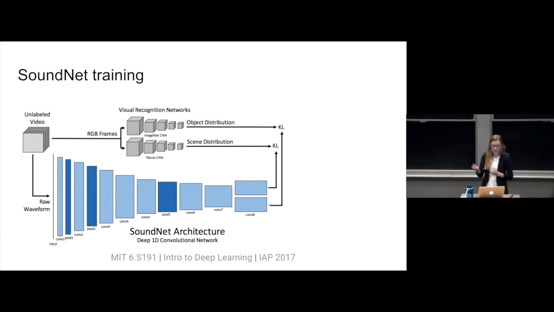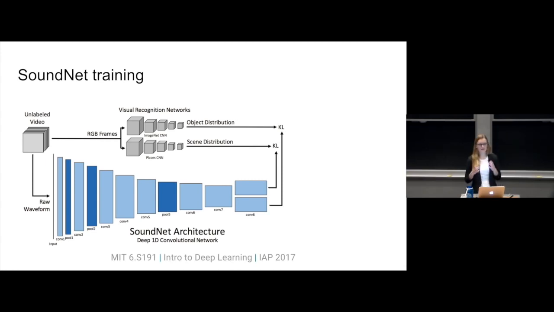We've got one network that's trained on ImageNet, which we've seen, which learns object information such as there's a zebra in the video, or it's got lots of birds. And then we're also feeding it into this Places CNN, which if you remember is a data set that has information about scenes. So it could say, this is a beach, or this is a park, things like that.